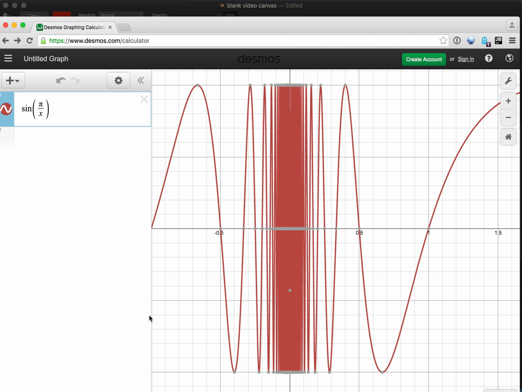Because the period goes shorter. Yeah, but what about the function makes it oscillate faster the closer x goes to 0?